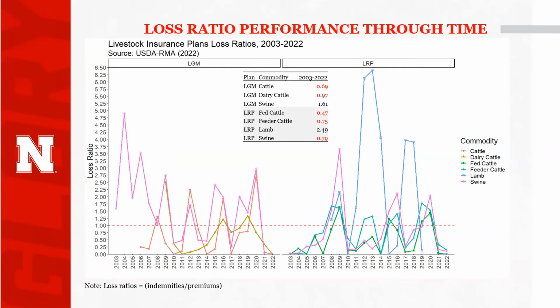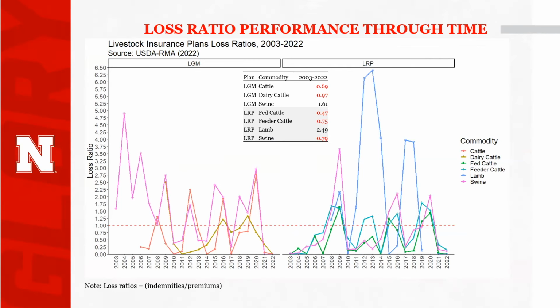The way that we calculate that is through a ratio called the loss ratio. And down here on the bottom, you can see that the loss ratio is simply indemnities divided by premiums. Indemnities are the total amount that the insurance company pays out, in this case USDA RMA.